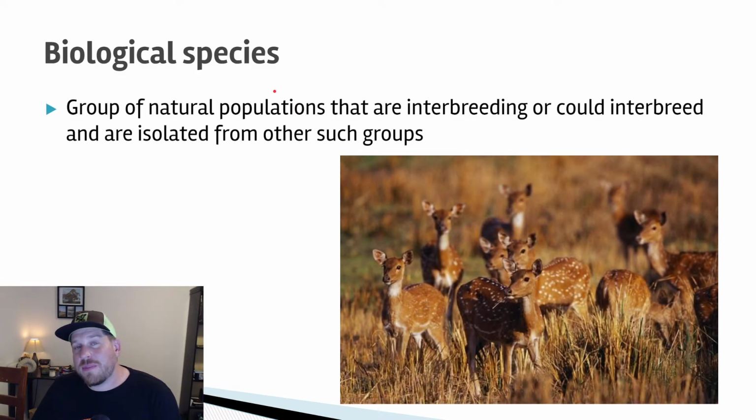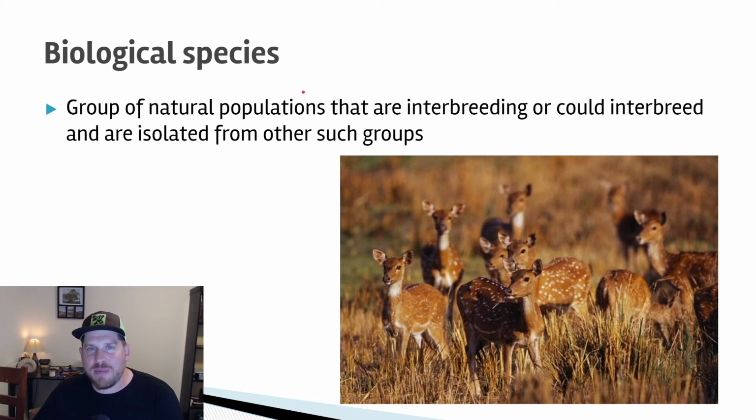So the last thing I'll just mention about species is that when we are looking at biological species, there has to be in nature a way that things that can breed together can get together.